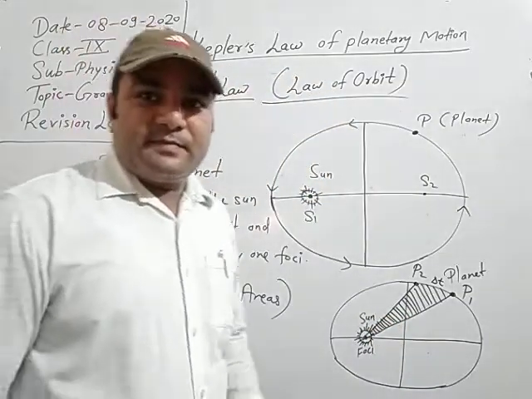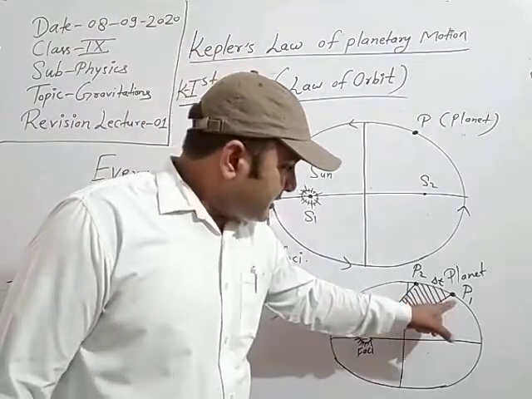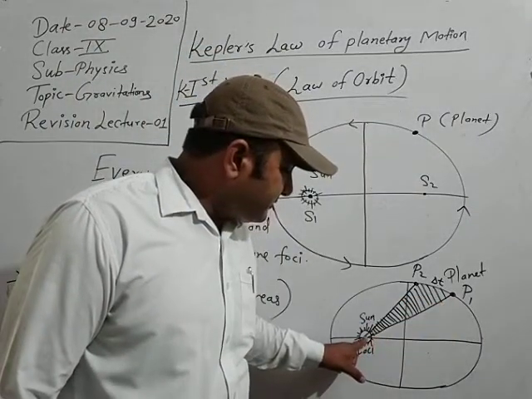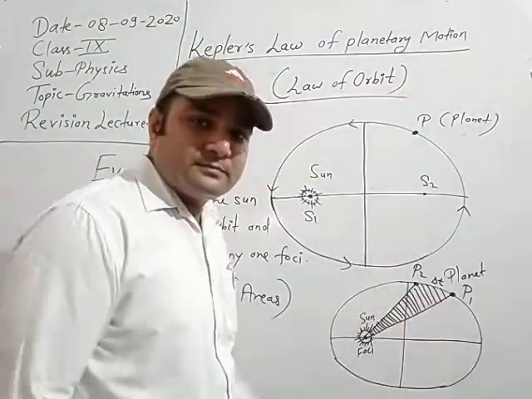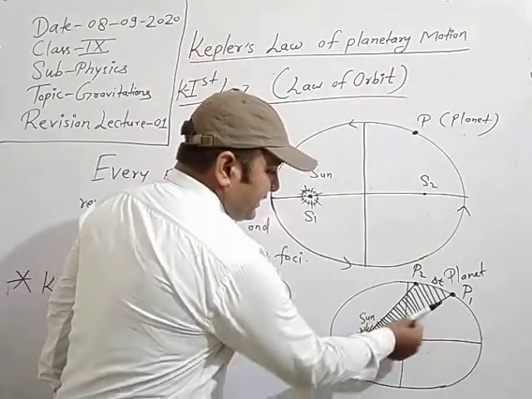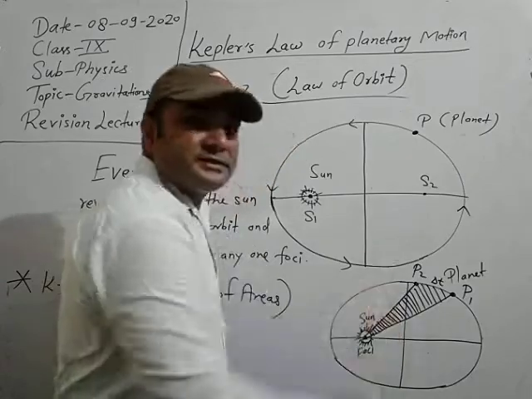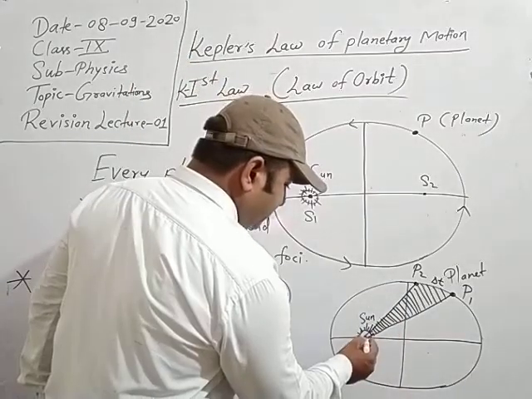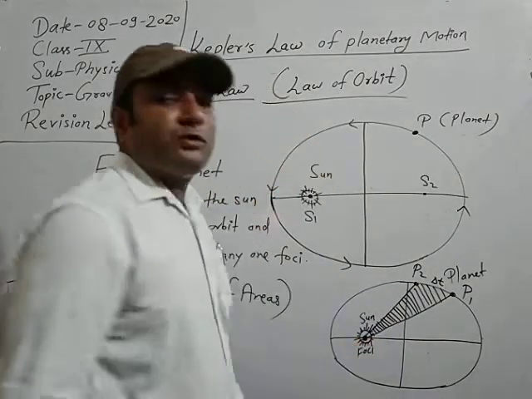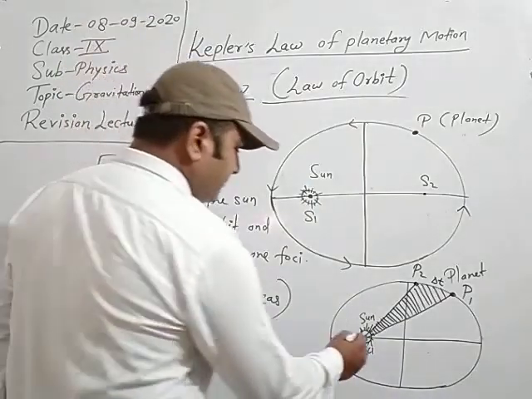Repeating the statement again, the line joining the planet to the sun sweeps in this way, and this saddle region sweeps equal area in equal interval of time.